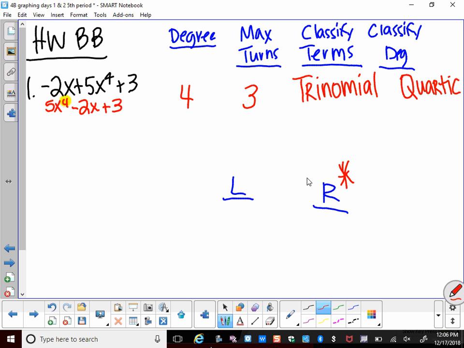This 5 is positive, so I'm going to start with a positive. It's going up. Because it's even Steven, I know the left is going to be what? It's also going to be positive infinity. Even Stevens means they're going to be the same. This should be the first row of your homework. Does this make sense? Okay.